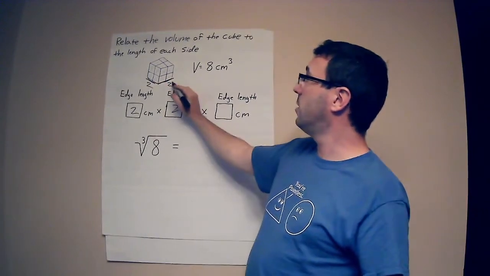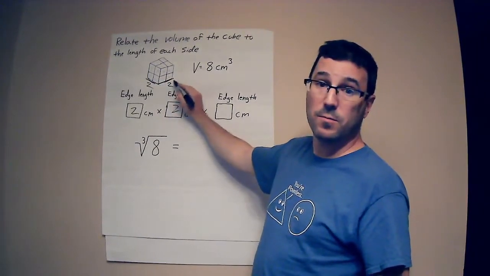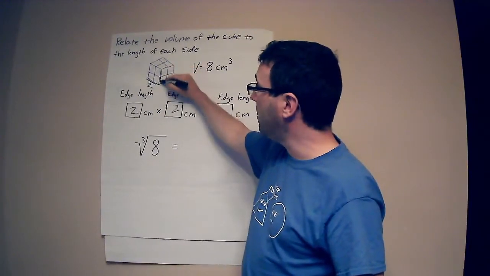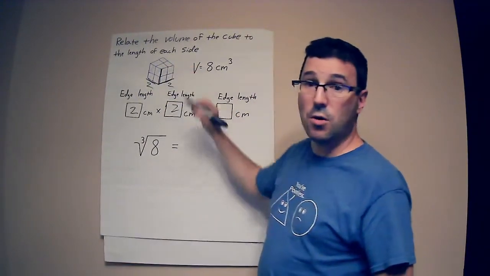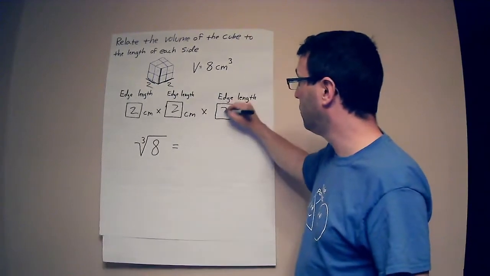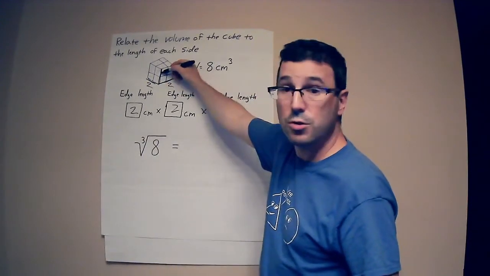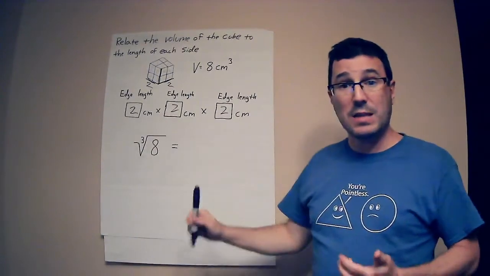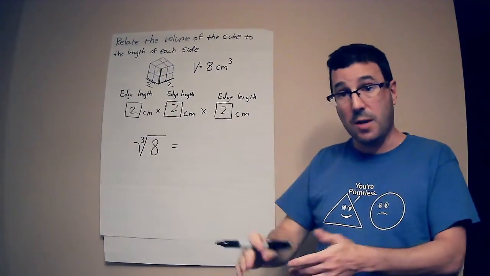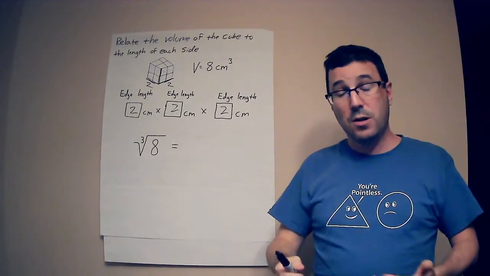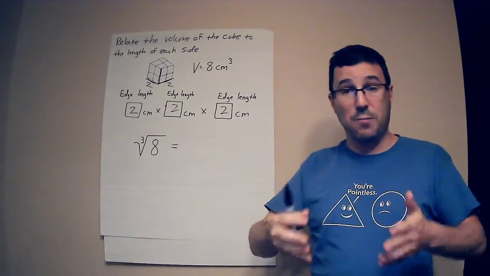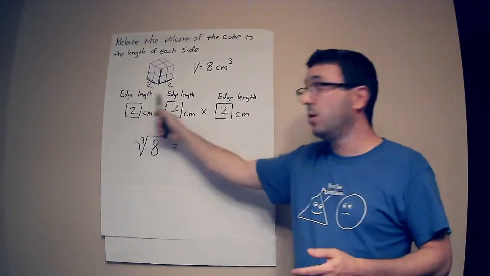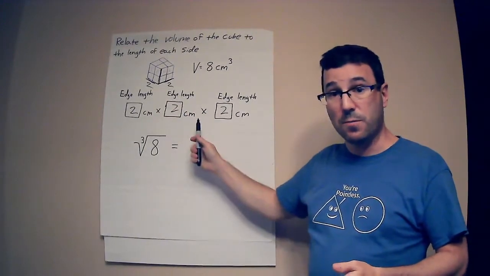You could say this is maybe the width here, this is the length, and then my height is also 2. So again, I wind up with the same number each time. And a cube is a number multiplying itself, basically being a factor 3 times. So we have 2 times 2 times 2.